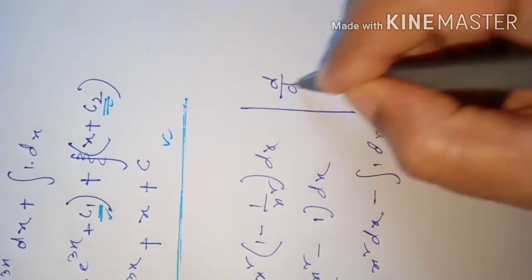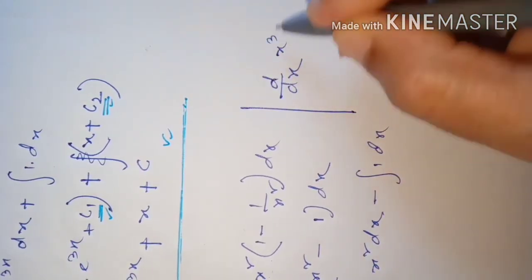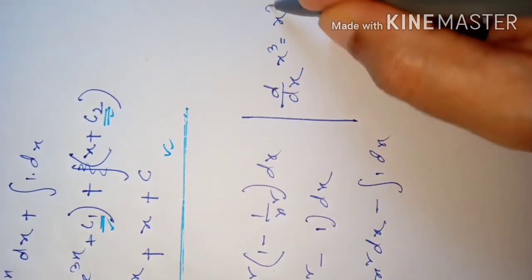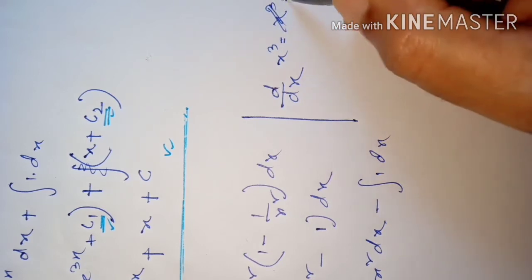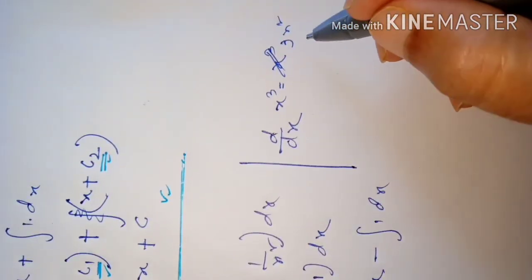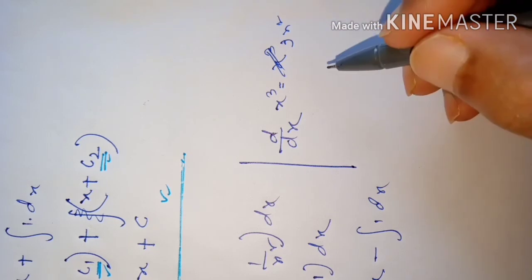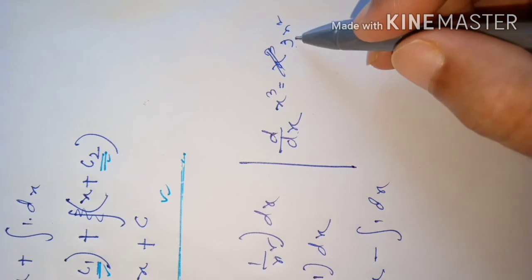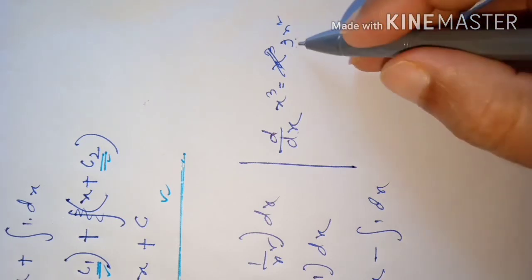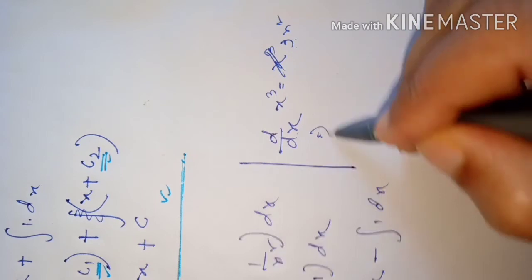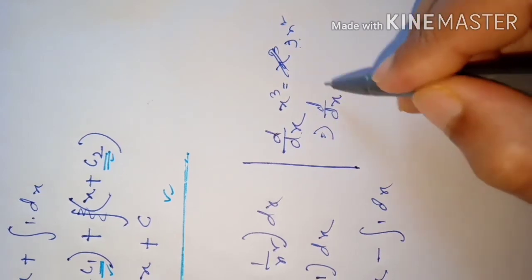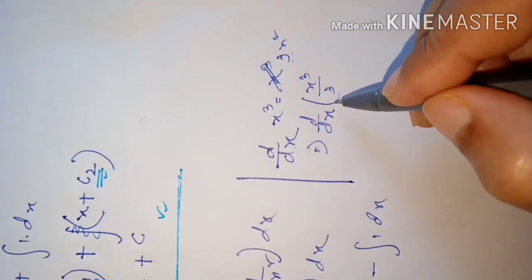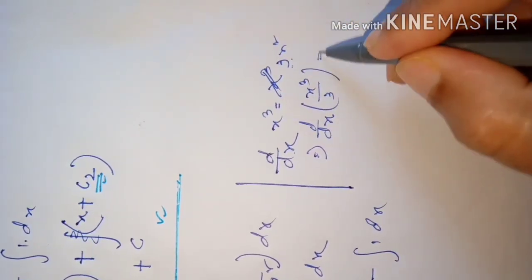So then the integral of this one, just you recall, roughly I am showing you, d by dx of x cube is equal to what? d by dx of x cube is 3 times x square. So if d by dx of x cube is 3 times x square, then dividing both sides by 3, d by dx of x cube by 3 will give us x square.